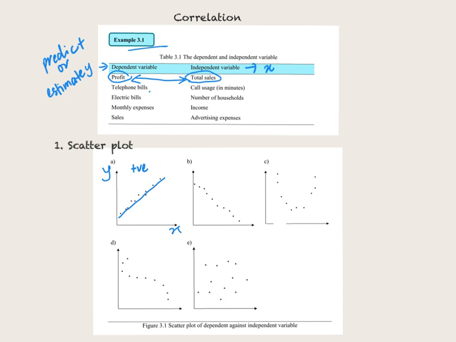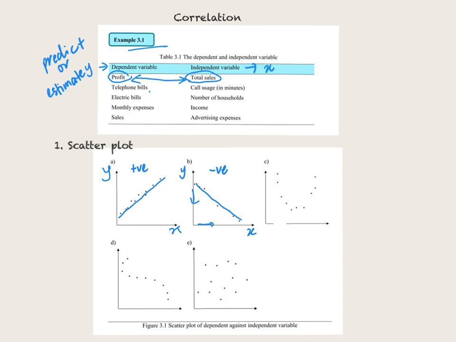And then for scatter plot B, we have x and y axes. You can see the pattern is downward, so decreasing. As x increases, the value of y decreases. So this situation we consider to be negatively related.